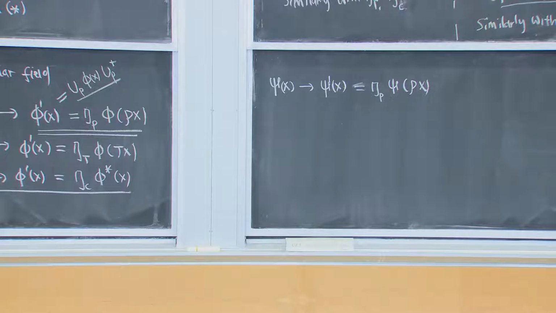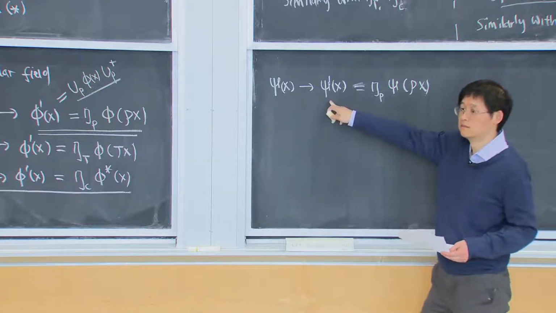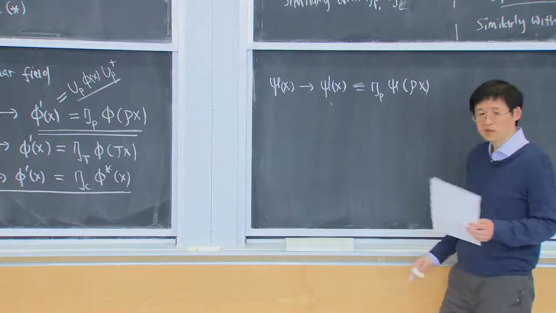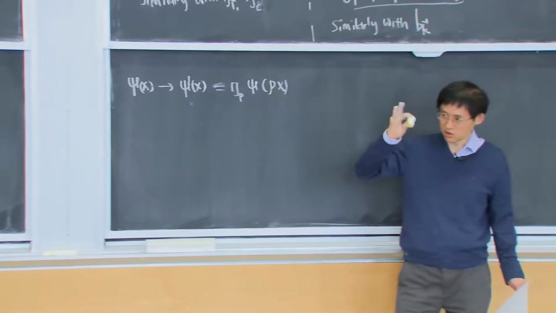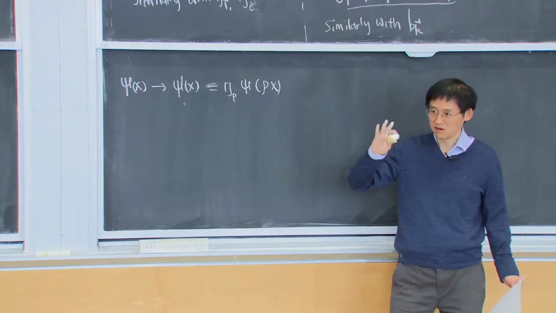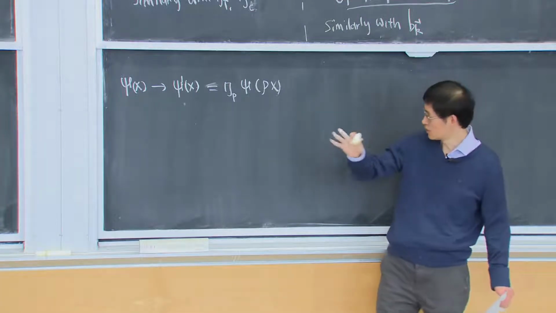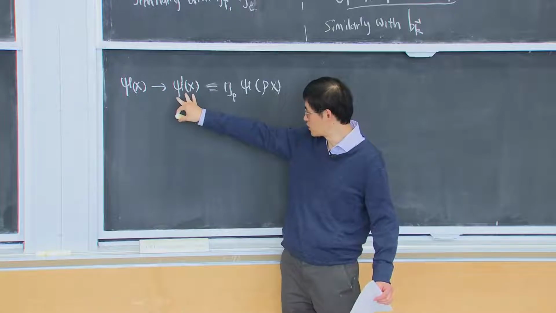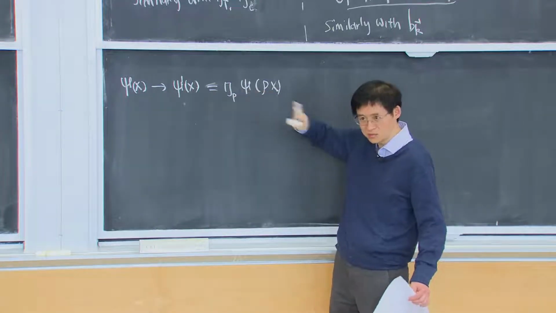But now remember, psi is now a 4-vector. Nobody tells you that under parity, the different components of this 4-vector cannot get reshuffled. Remember under Lorentz transformation, they do get reshuffled. For spinors, Lorentz transformation not only acts on x, but also on the internal space of the spinors.